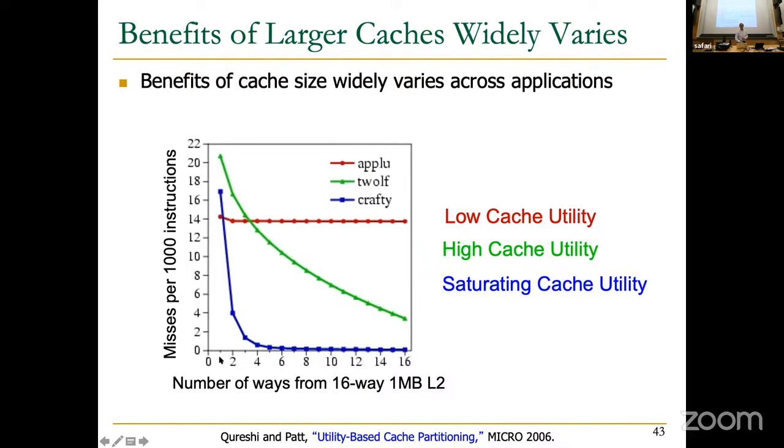Basically, here this is an example where your application fits in the cache and a larger cache doesn't benefit the application. This is a saturating utility. The application has saturating utility from larger caches. So you see all kinds of behavior like this. These are the three major patterns of behavior that you would have in larger caches. But again, it's very application dependent. It's very access pattern dependent.